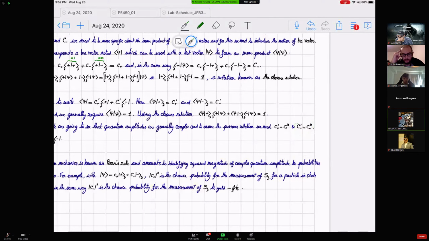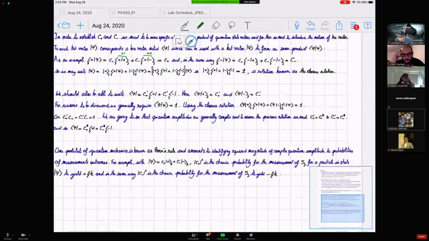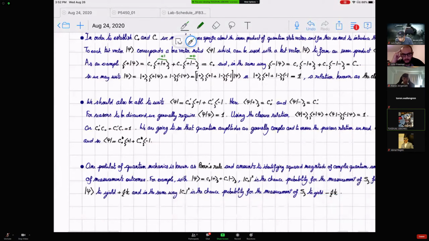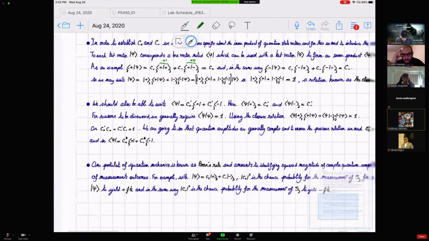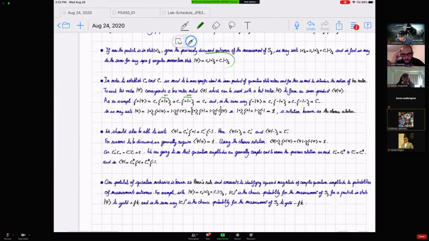So C minus prime is the complex conjugate of C minus. So that means that if psi the ket is written this way, then psi the bra is going to be written the same way in terms of bras, but the coefficients are going to be the complex conjugates of the coefficients that appear in the expression of the ket. Any questions about this?